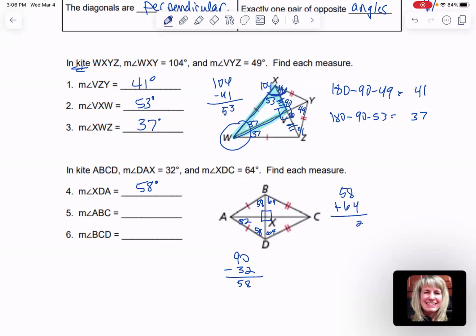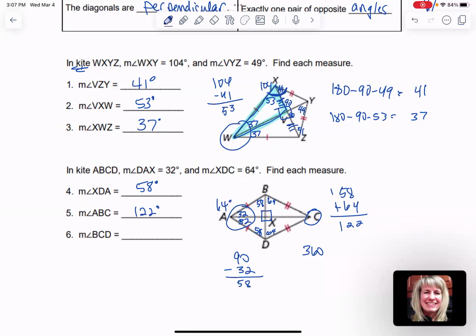And that's 122. And then BCD is this big angle over here. So the angles in any quadrilateral add up to be 360 degrees. And so we talked about how these are congruent triangles within the kite. So this angle here will be 32 as well. So that makes this big angle over here 64 degrees.